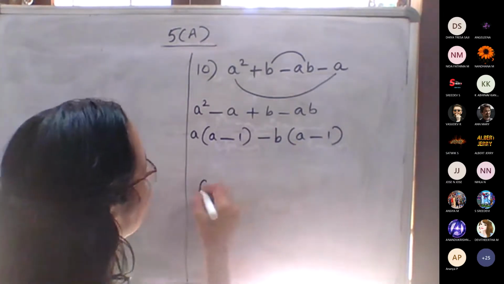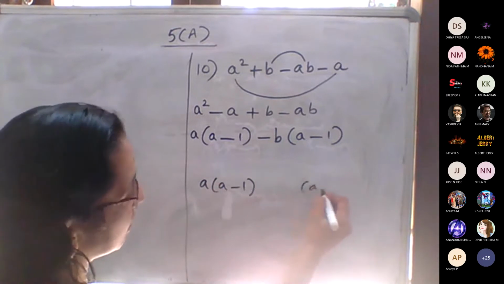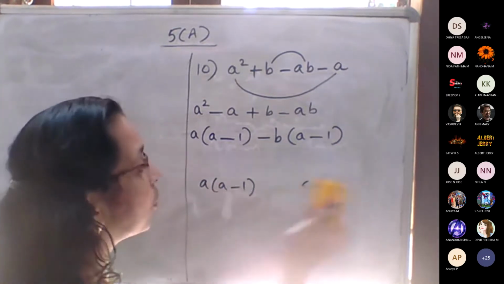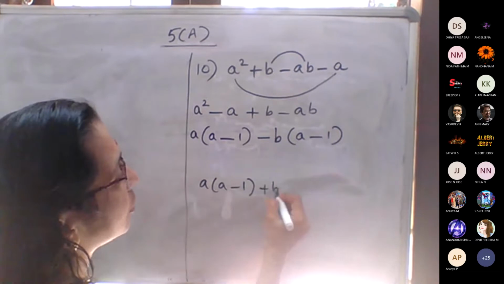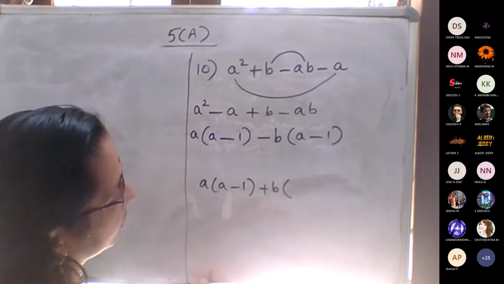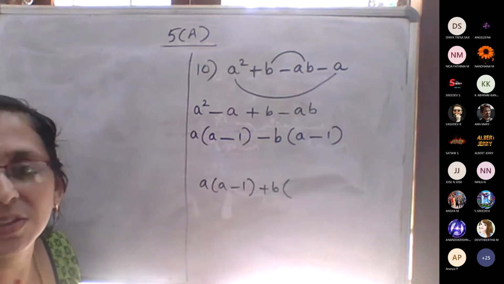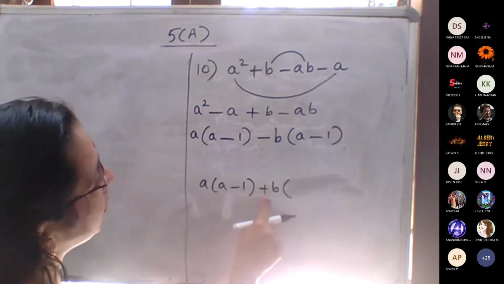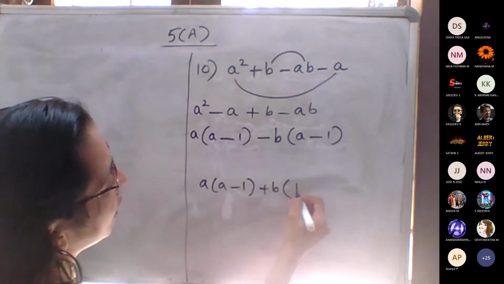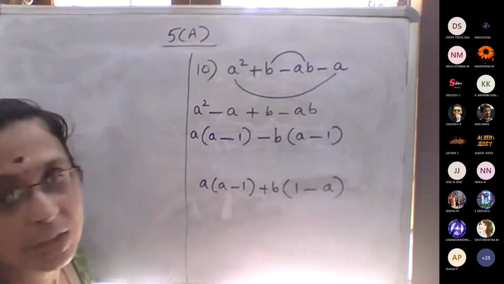Suppose you are not writing this a minus 1, instead you will write only positive b. Understood? Yes, ma'am. We have a tendency to write the positive, we are not thinking about the negative. So positive b we will take, and then 1 minus a you will write.